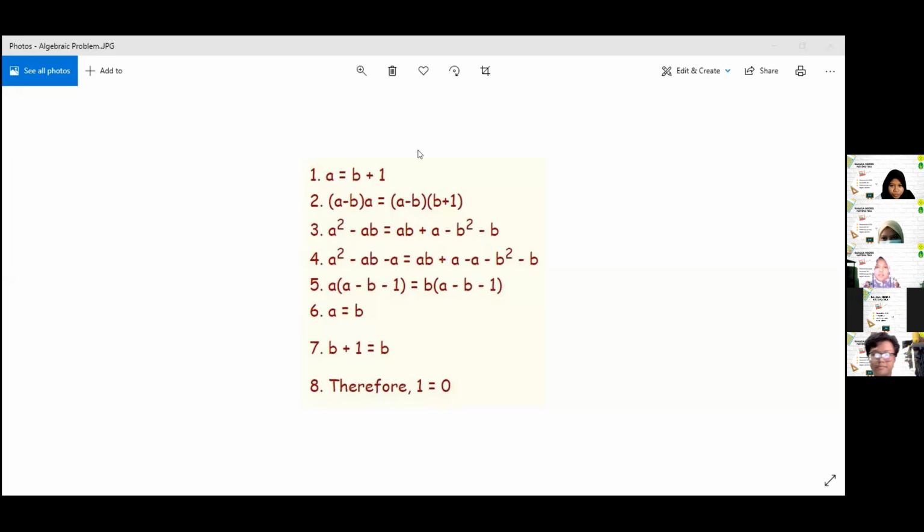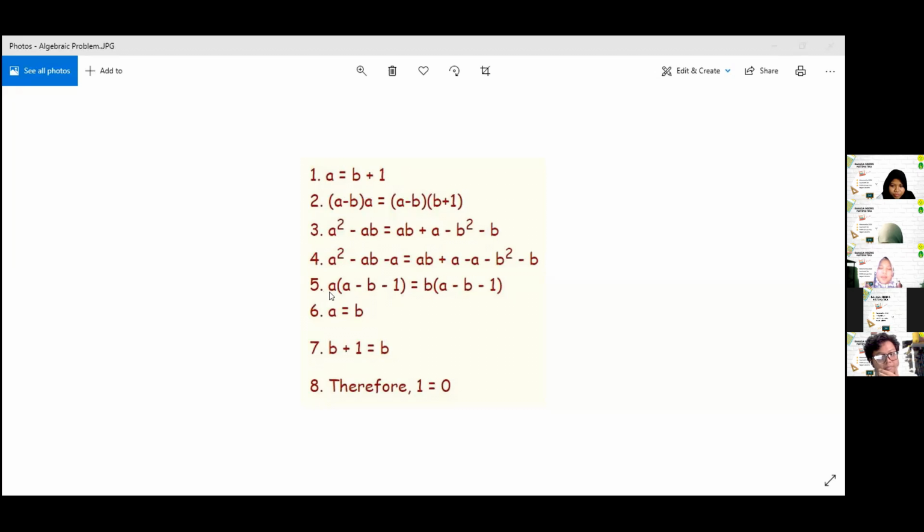The first step is A equals B plus 1, and the wrong equation there is in number 5. If we move B plus 1 to the left side, then it becomes A minus B minus 1 equals 0.